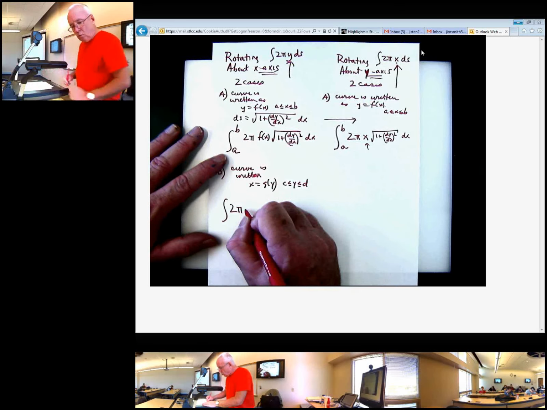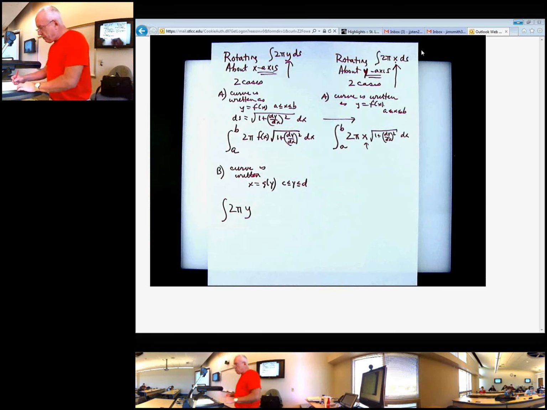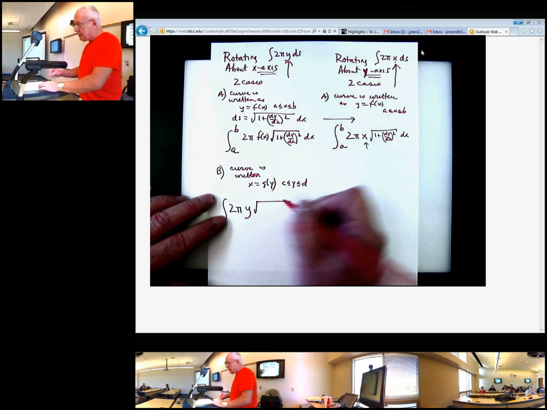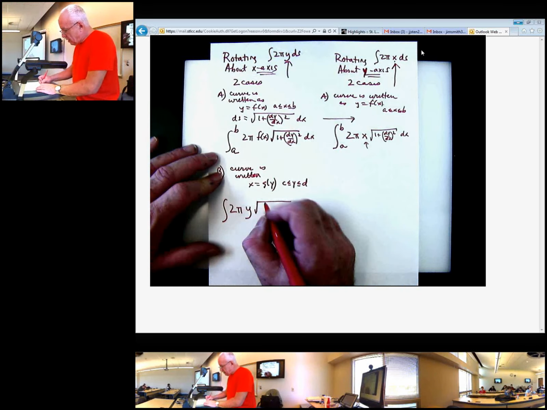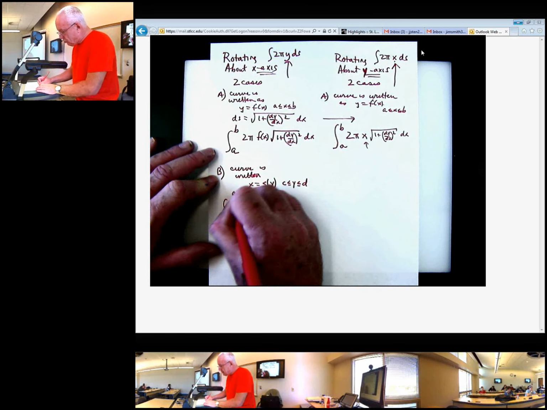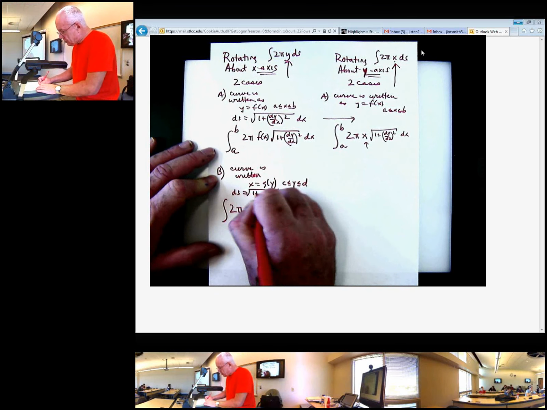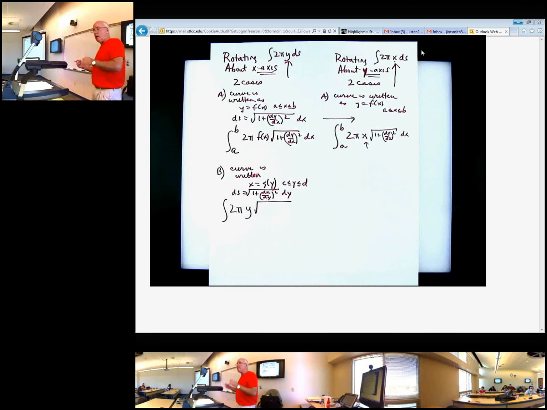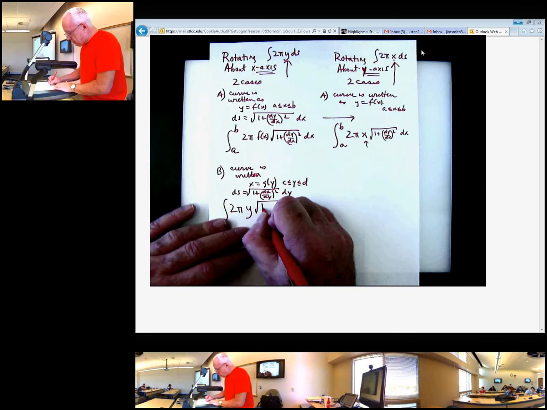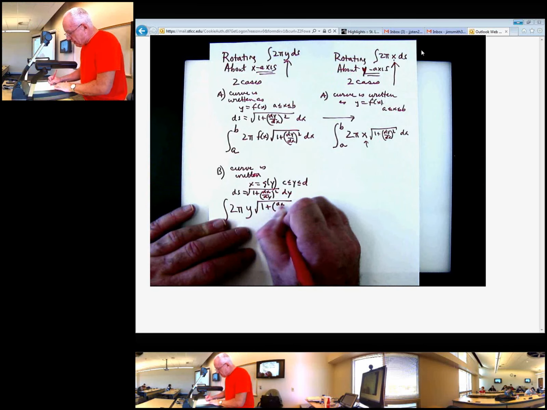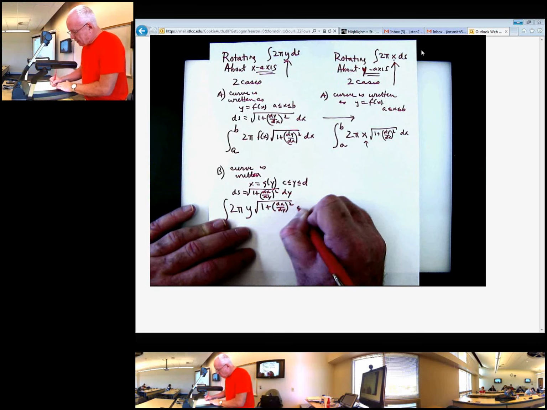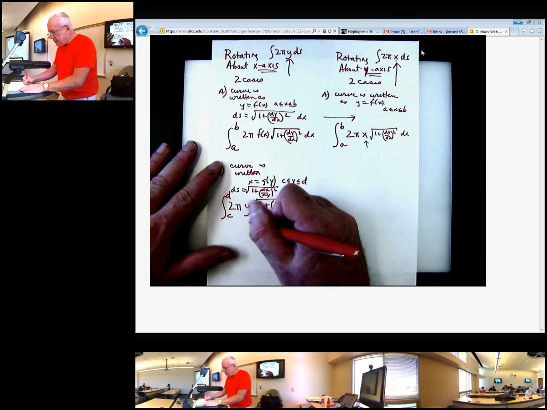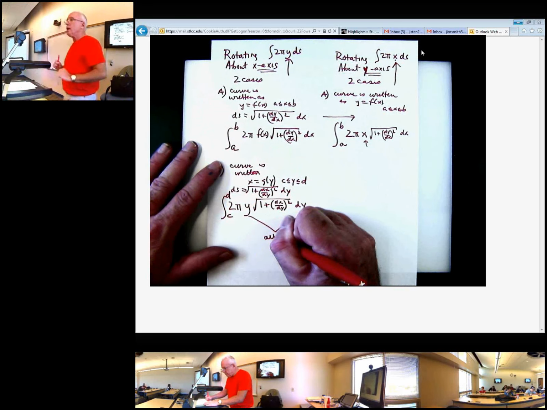We're going to want to use the y here because we want a function of y. For our ds, we're going to use ds equal to the square root of 1 plus dx dy squared, dy. We want to have the dy, and y is going from c to d. So notice what we end up with here is all y.